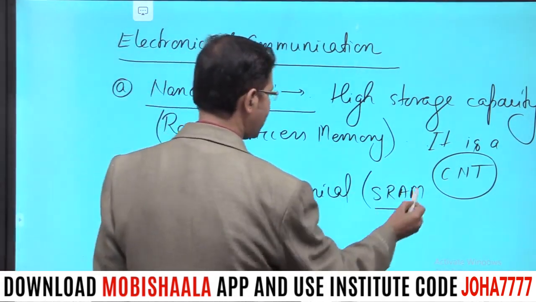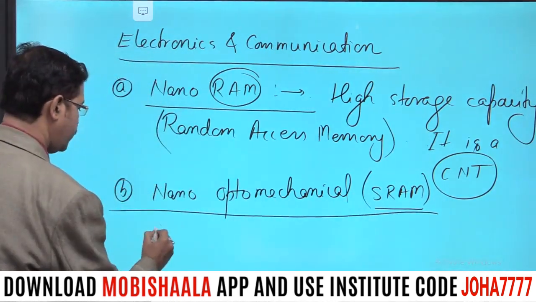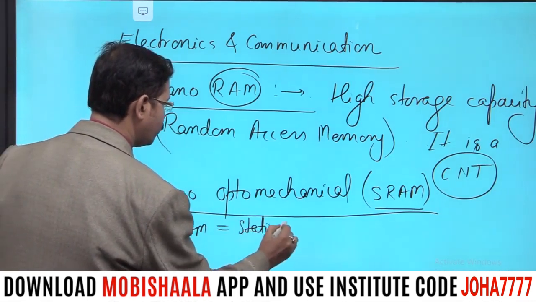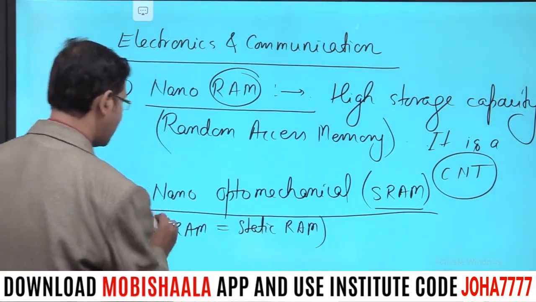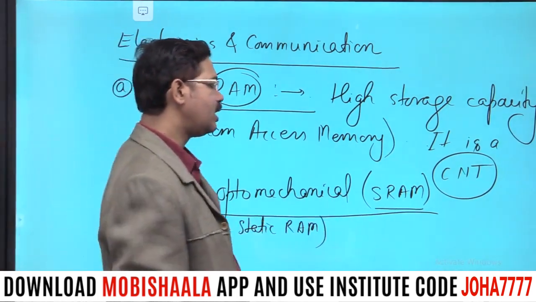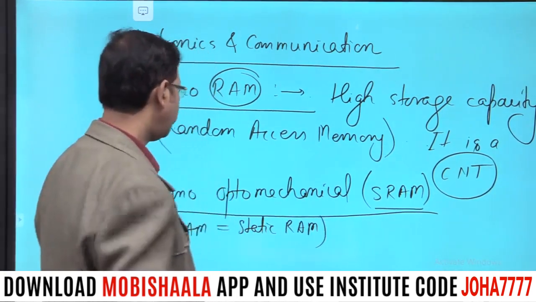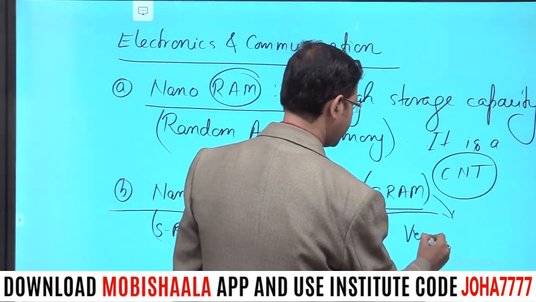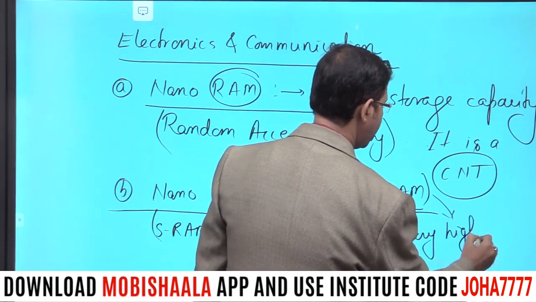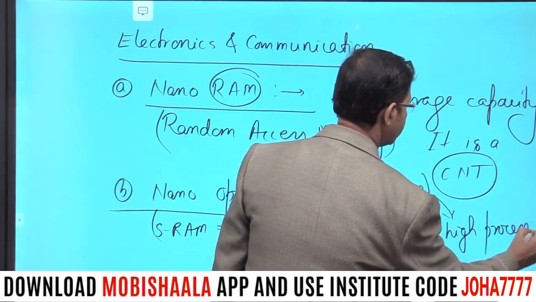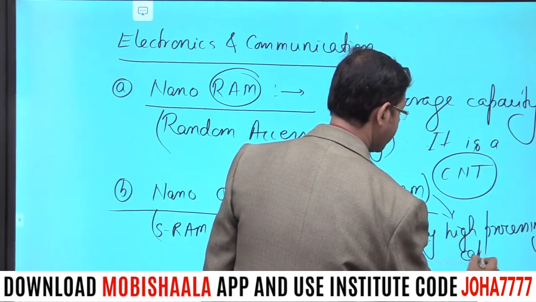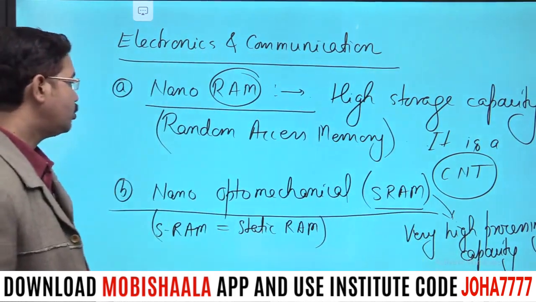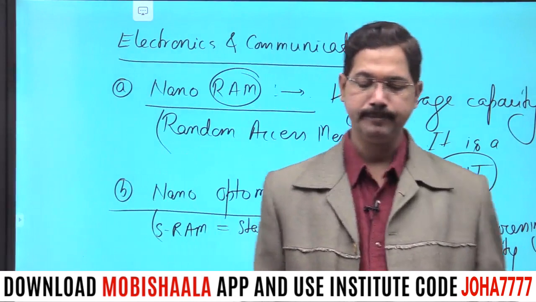SRAM is basically static RAM, but this nano optomechanical SRAM has very high processing capacity. So these are the uses of nanotechnology.